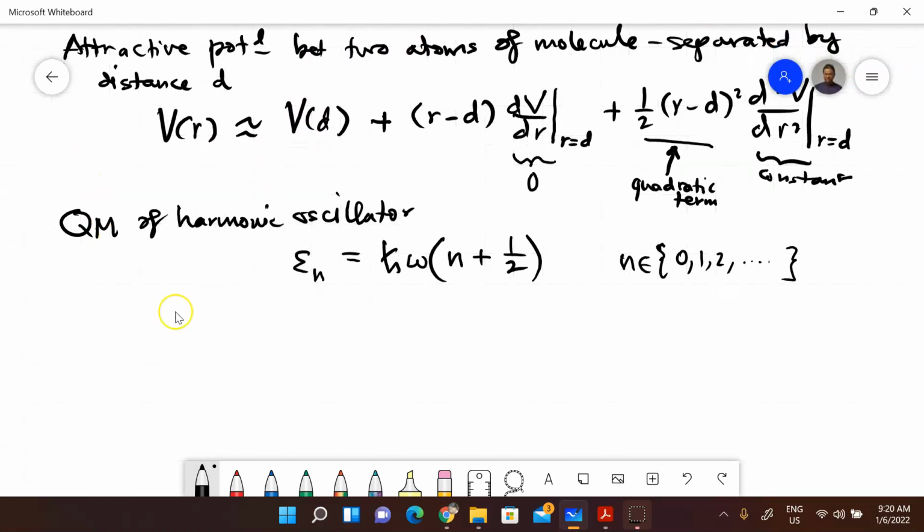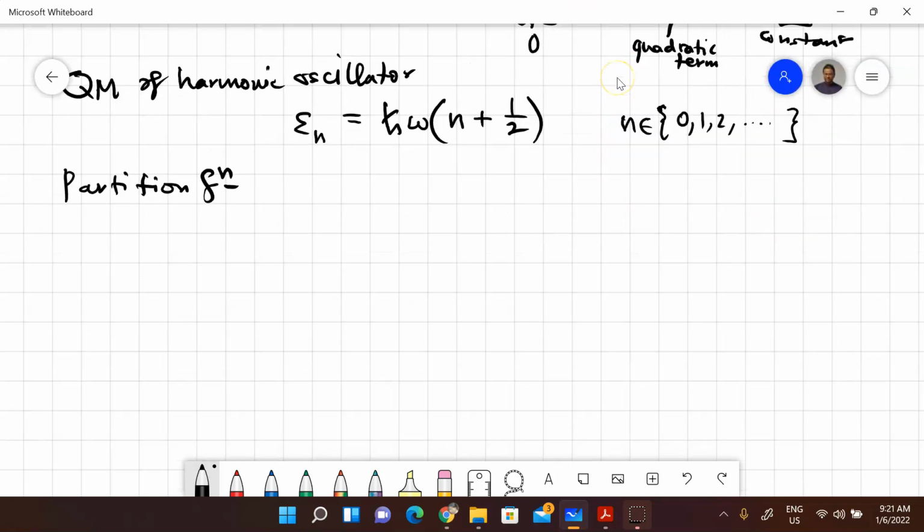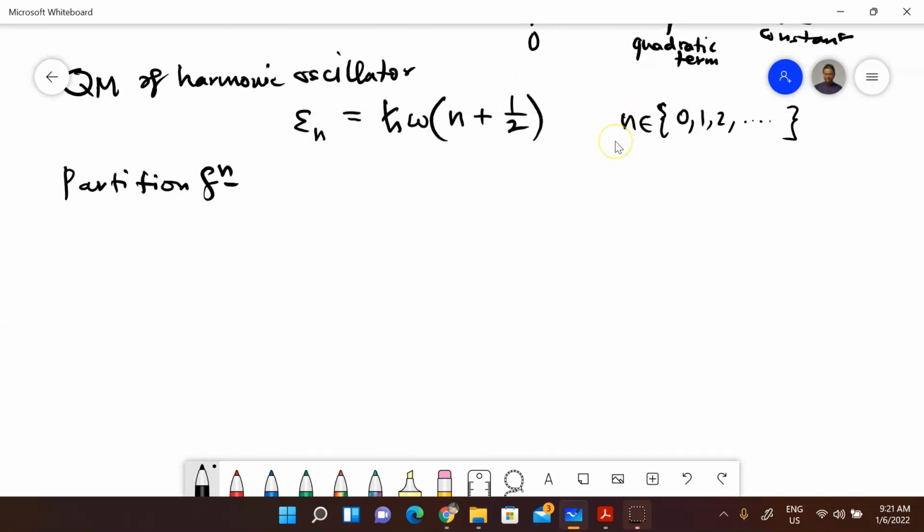Okay, so you notice from the solutions of harmonic oscillator in quantum mechanics, once you have these energy levels, you can start again writing down your partition function. So what's the partition function in this particular case? So let me push it out because I'm not having enough space on my tab here. Partition function is given by Z equals the sum over all energy levels.